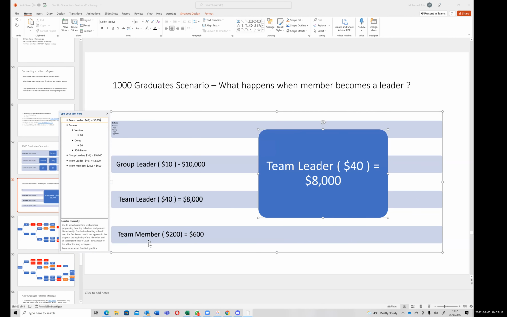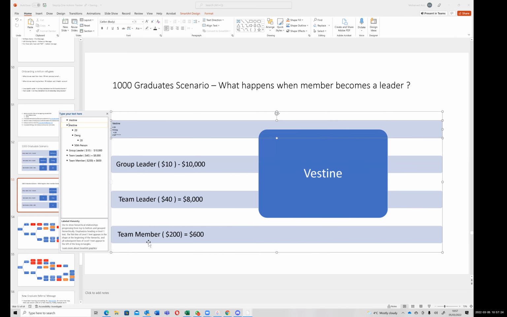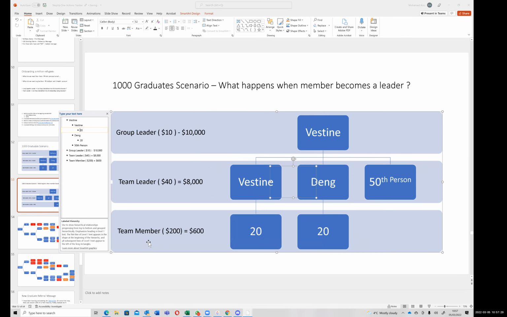Suddenly she has only 20 people, which means the money that she makes will become this much. 20 into 10 is 200.